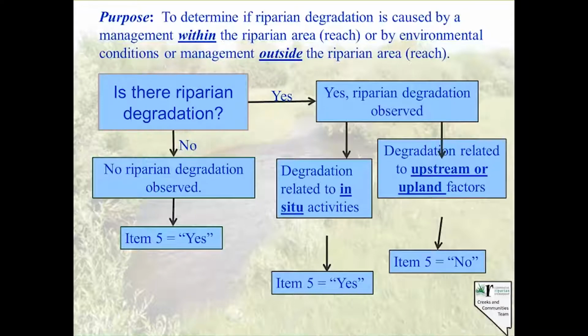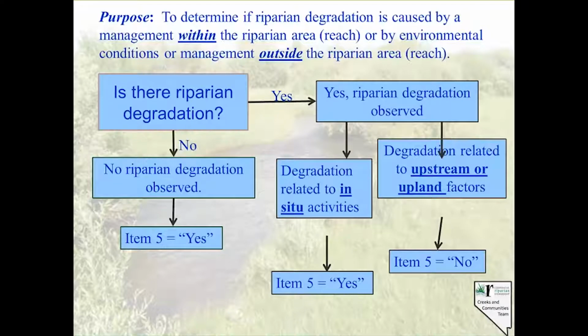Or are we seeing an issue that's coming from upland or upstream? And you may have both, but in this case, if all you're seeing is degradation that's fully within the site you're assessing, this question may still be a yes if it's not directly caused by something upland or upstream.